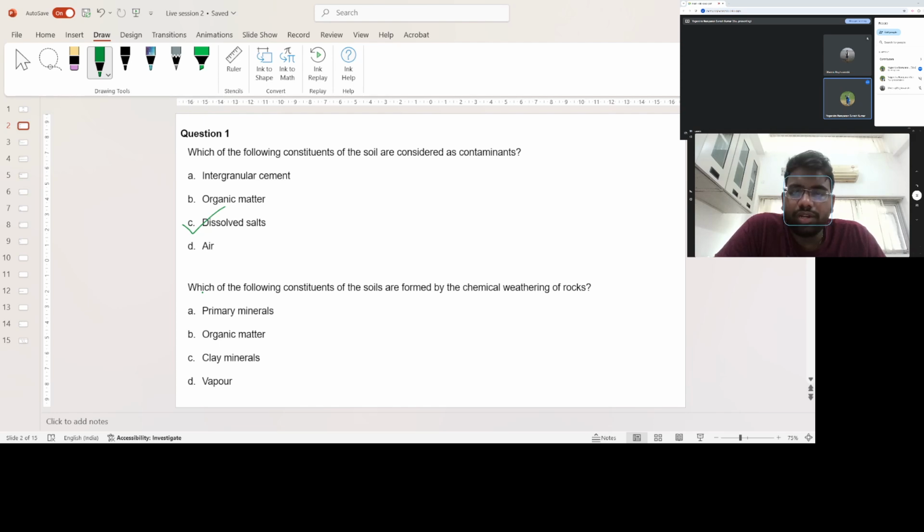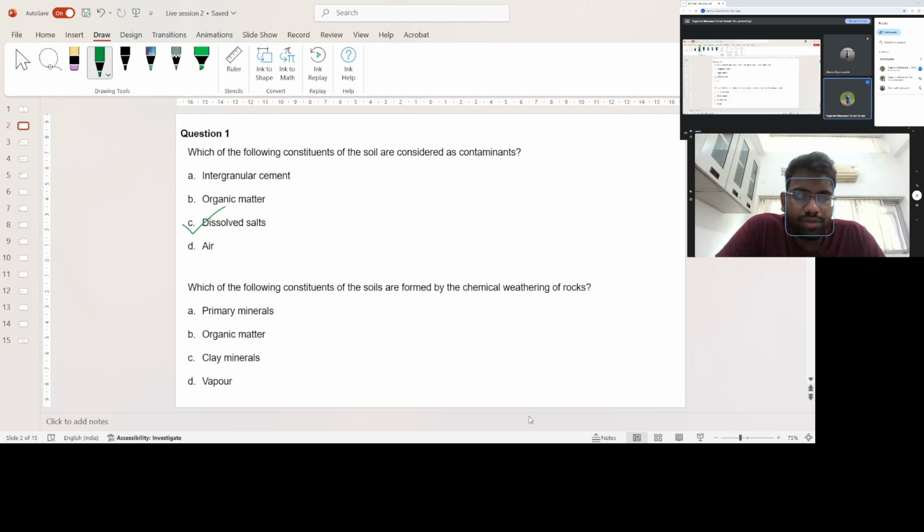Option A, primary minerals. Option B, organic matter. Option C, clay minerals. And option D, vapor. Let me repeat the options. Option A, primary minerals. Option B, organic matter. Option C, clay minerals. And option D, vapor. Any guesses?